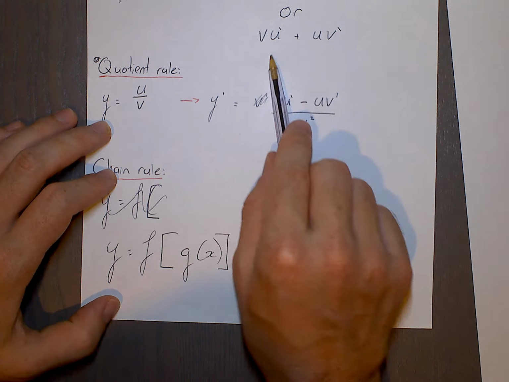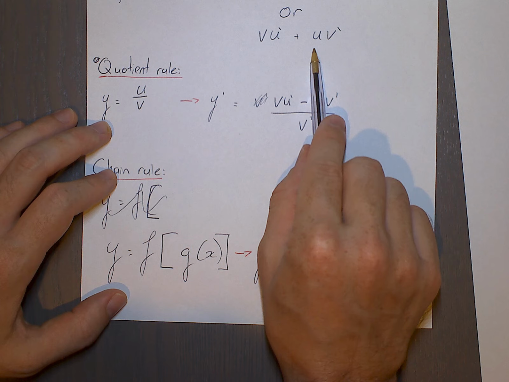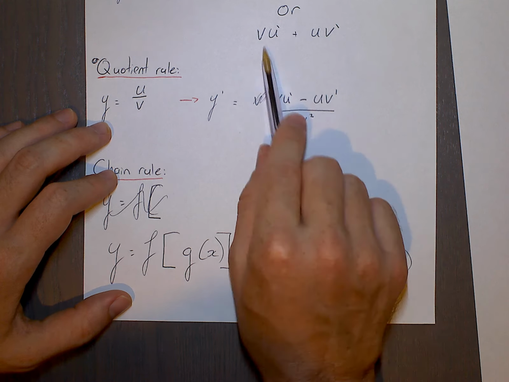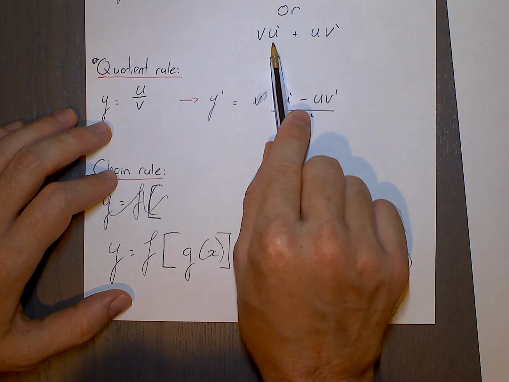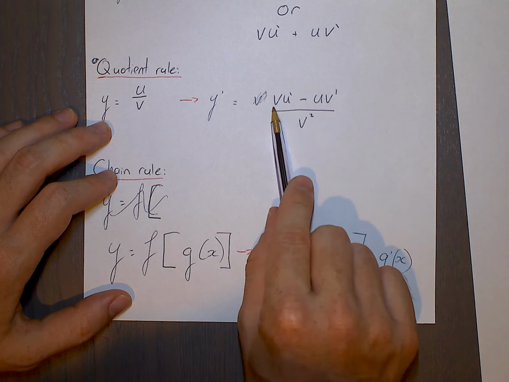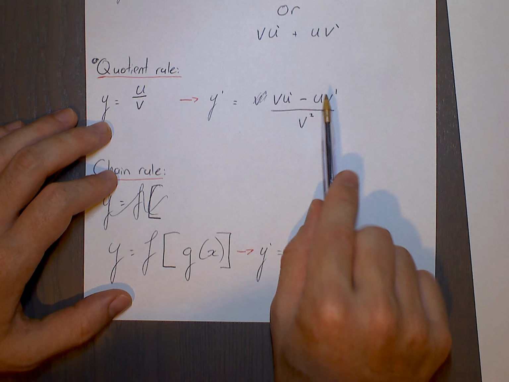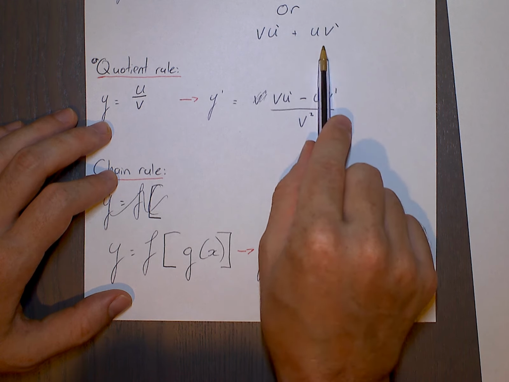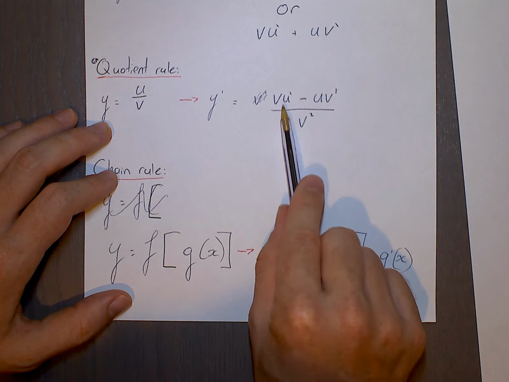The reason why I've changed this one up here is because it's the same as here. If I just remember v u dash comes first, well, then I know what's going to come first in the quotient rule, because this is strict. This is not, because this is just plus. It doesn't matter which order it goes in. This has to be this one first.